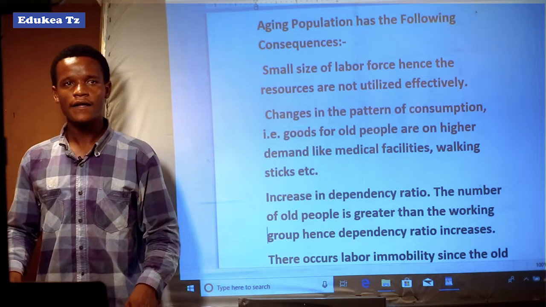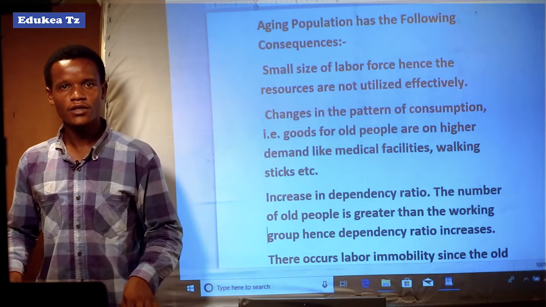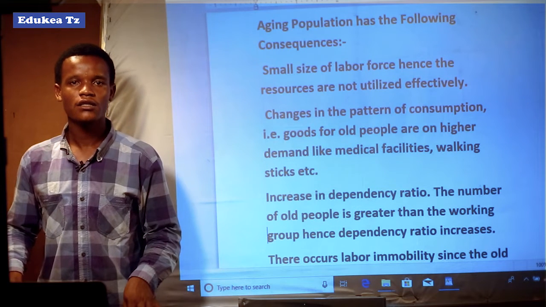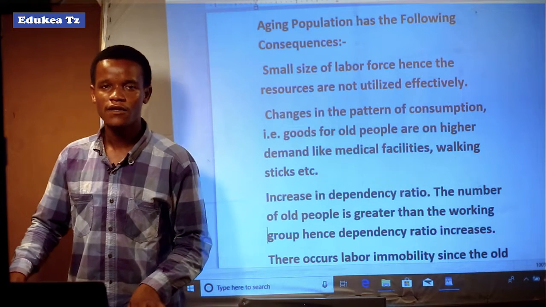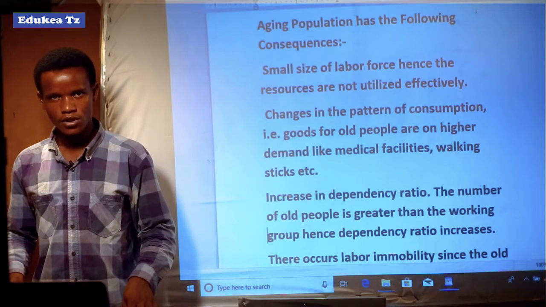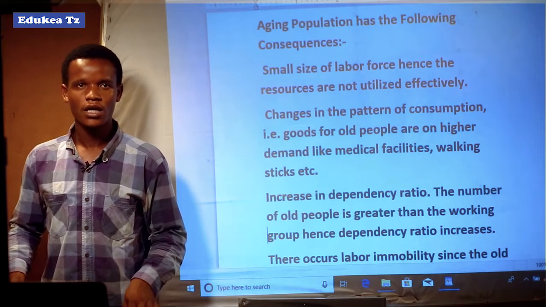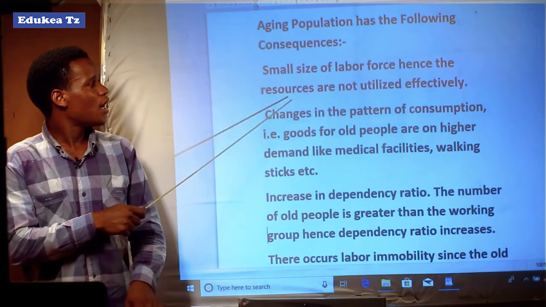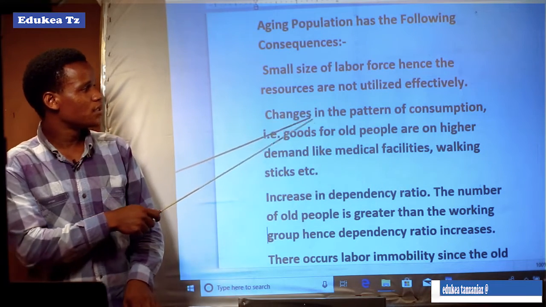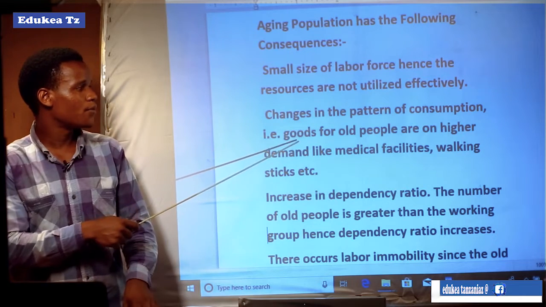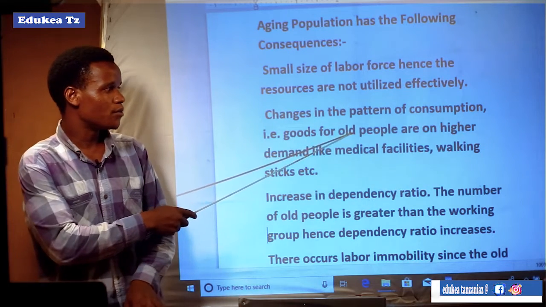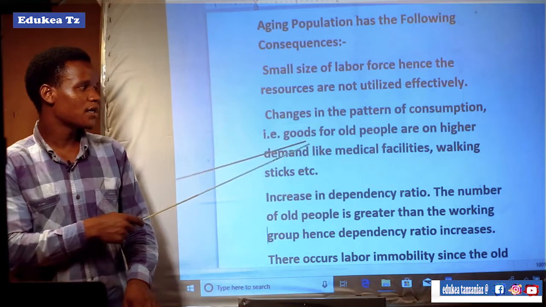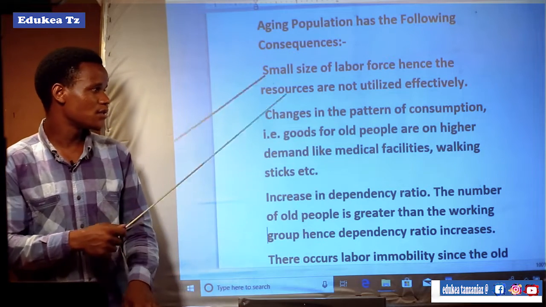So if the aging population in a certain country is high, even the development will not be good compared to other areas. Aging population also changes the pattern of consumption. For example, goods for old people are in higher demand, like medical facilities and walking sticks.